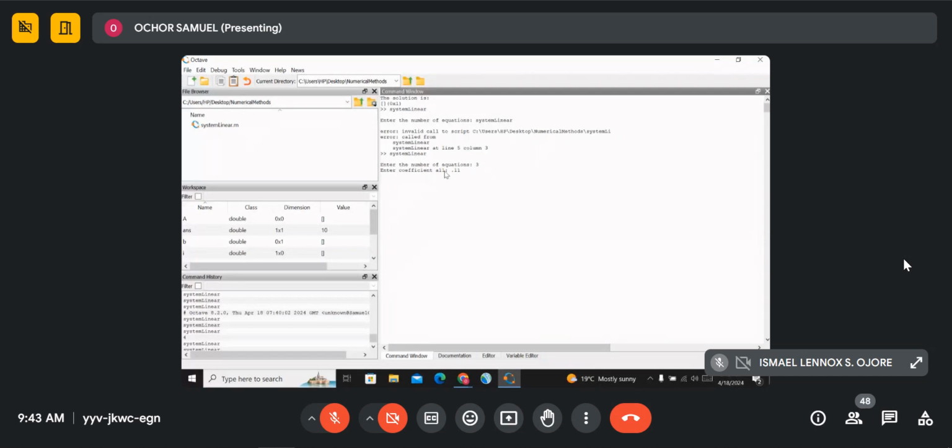So A11 is 2.11, and then the next one is minus 4.21, and then 0.921. And now B1 is the constant term, 2.01.